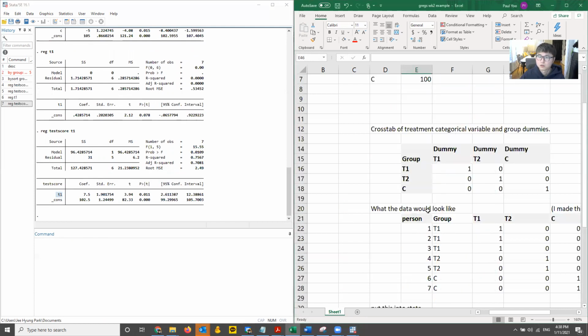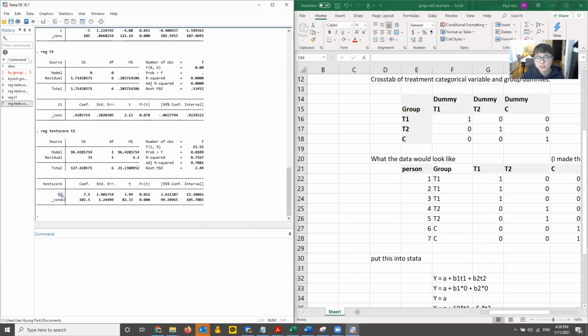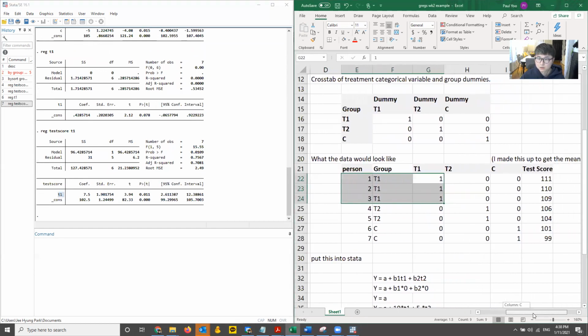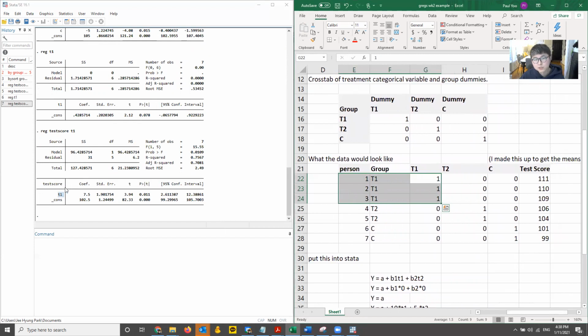So people who get a 1 here for T1, they're these 3 people. People who get a 0 here, and this is why they don't show up in the regression, there are 2 groups of people: people in T2 and people in C. And what the 7.5 is doing is comparing this treatment group 1 to these 2 groups.